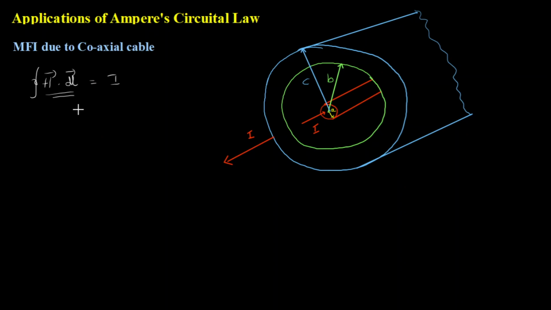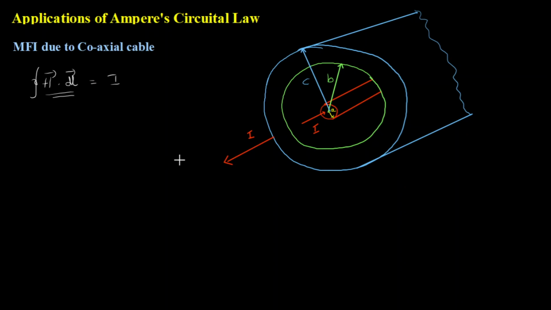To find magnetic field intensity applying Ampere's circuital law, I should have a closed symmetrical path. So since this is a coaxial cable, circular in nature, I will consider a circular path itself. Around this coaxial cable, I will consider a circular path, and the magnetic field intensity at every point on the circular path will be tangential.